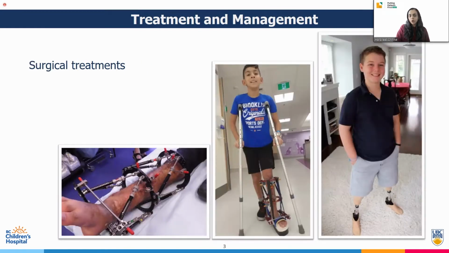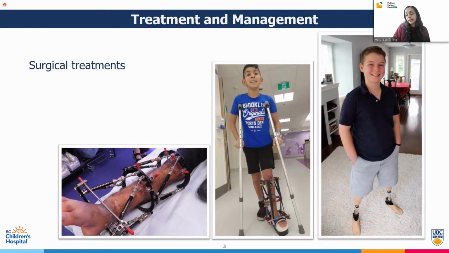The surgical treatment options, on the other hand, are also quite complex and long. They can range from limb lengthening and reconstruction procedures on one hand to amputation on the other hand. The first two images from the left side show a lengthening procedure being done on a patient. There's a huge metallic device that stays on these patients for up to 9 months.